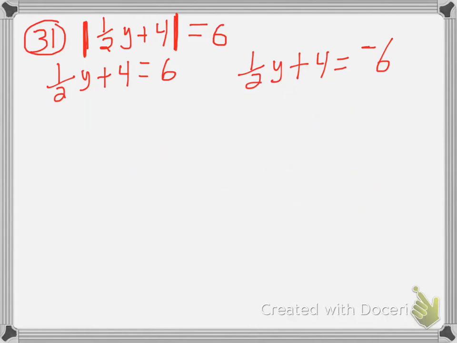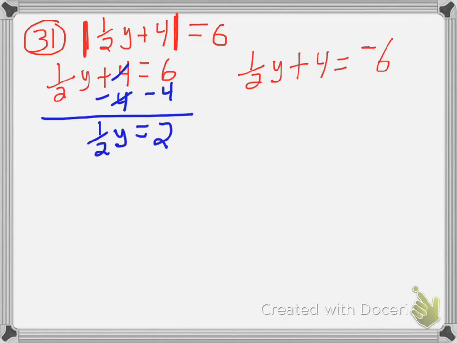So now that I have it set up, I can solve both of these for y. I'm going to start with the one on the left here. I work the reverse order of operations, so that's a positive 4. Do the opposite, which is a minus 4 and a minus 4. The 4's cancel, and that leaves us with 1/2 y equals 6 minus 4, which is 2.